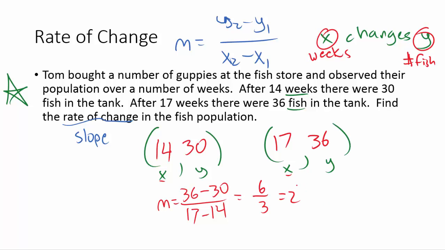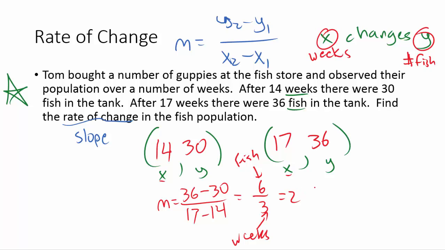So now from here, we probably shouldn't leave this as just 6 over 3. We should probably maybe talk about what the meaning of that 2 is. And again, if you think about what the top number meant, top number was your y. That is a number of fish. And the bottom number is a number of weeks. Okay?